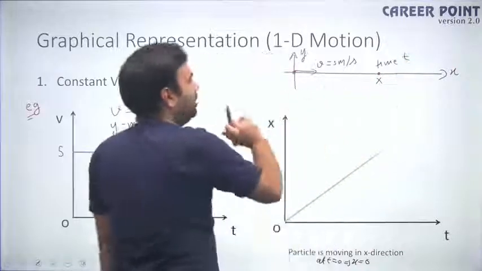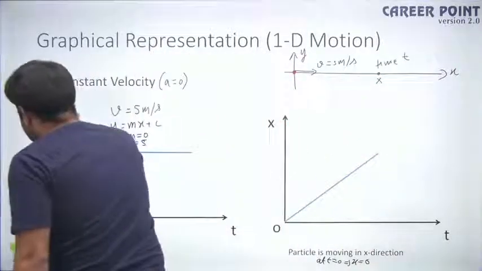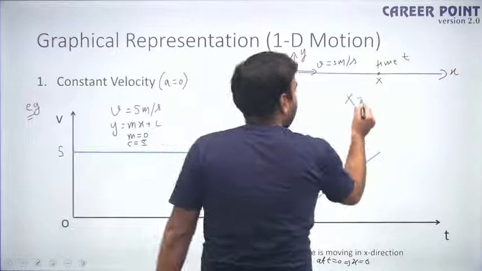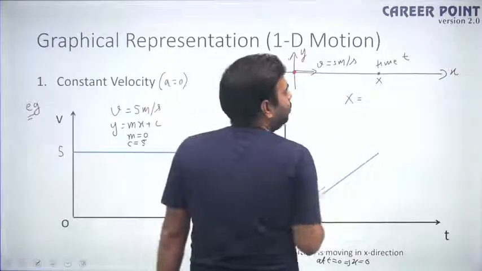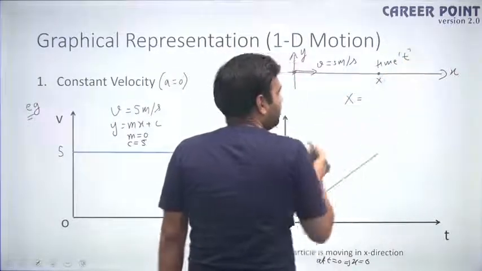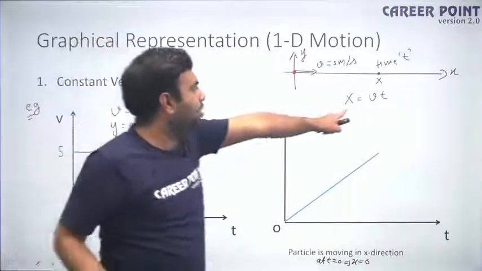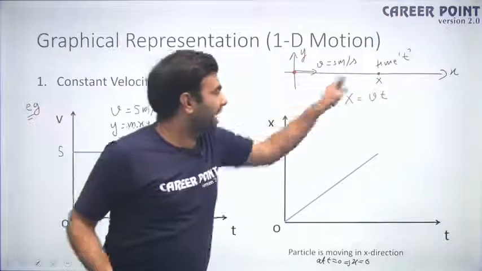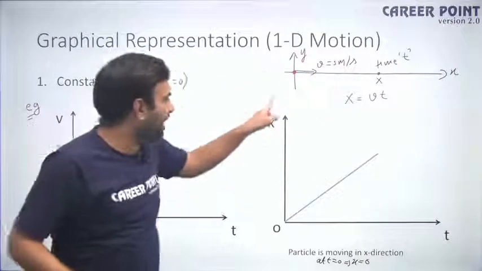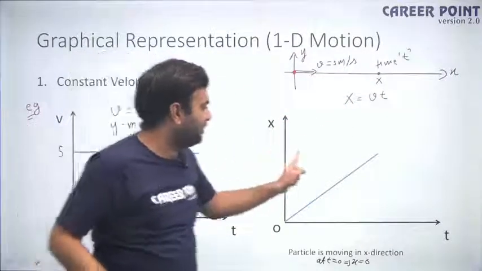because velocity is constant, I can say that its x coordinate, that is the displacement, is equal to v into t. So now compare this equation. Right now I am going to draw the x in this part because I want the displacement time graph.